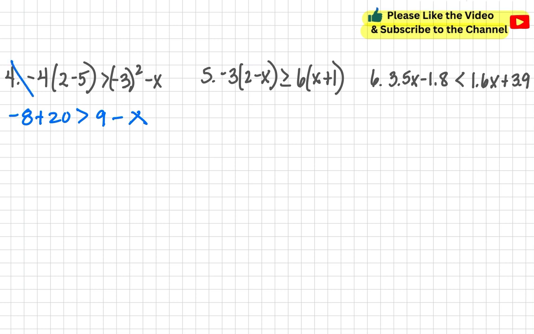Let's disregard this one, guys, because it's not complete. For the sake of time, let's move on because I did not write the exponent.